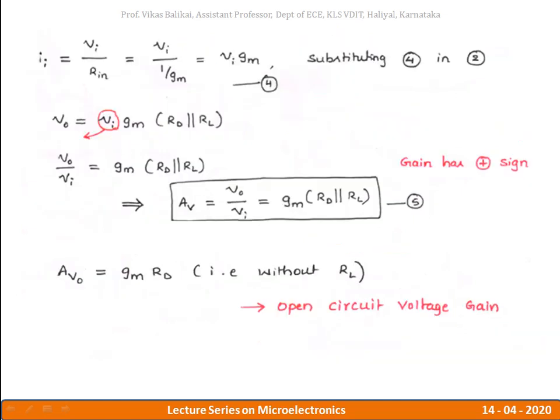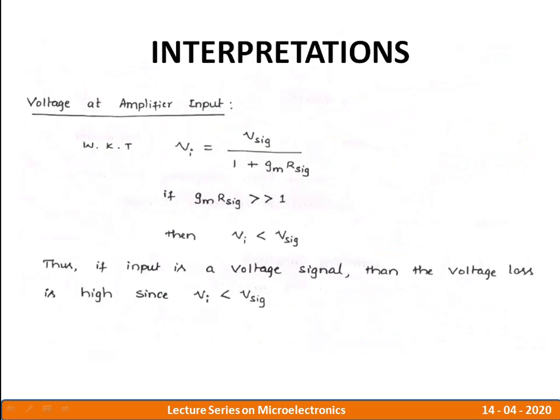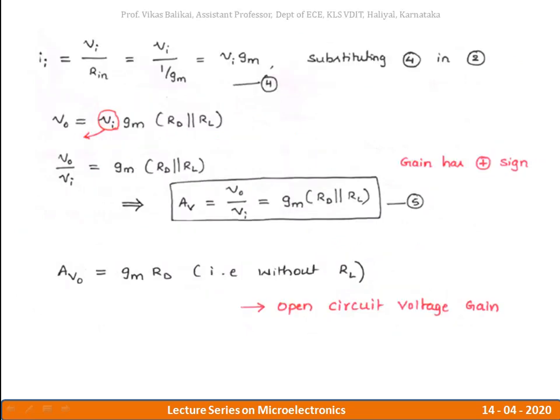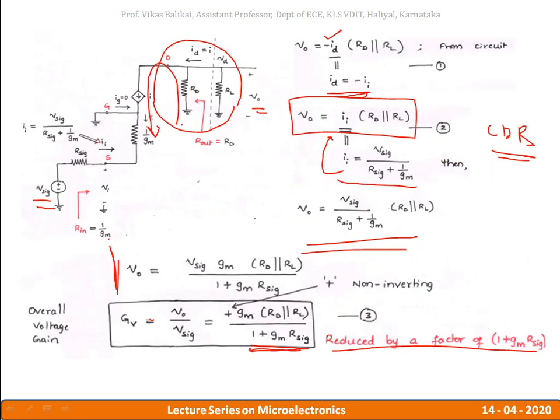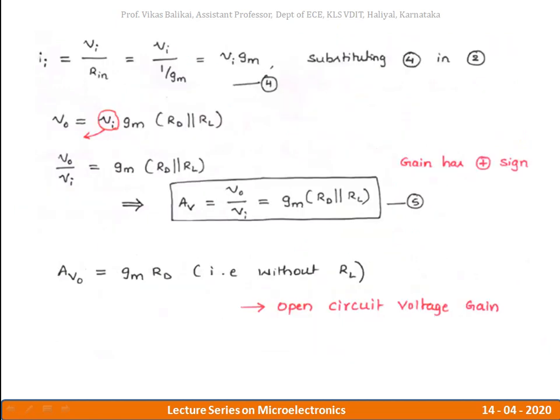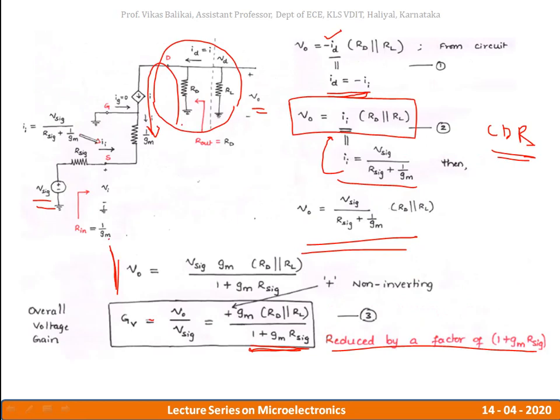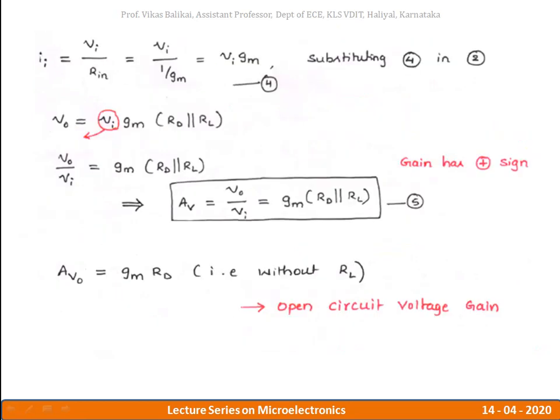Now moving ahead, I have the input current given by Vi by Rin, which you can see over here. Input current Ii is given by Vi divided by Rin. So that makes my input current Vi divided by, what is the value of Rin? It is 1 by Gm. So basically my Ii value will be Vi times Gm.